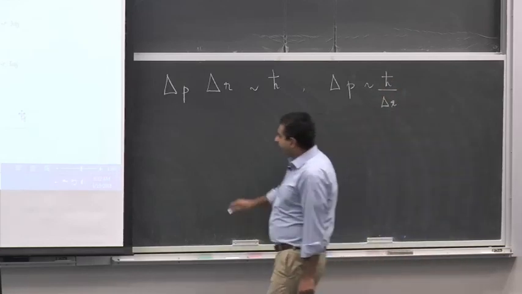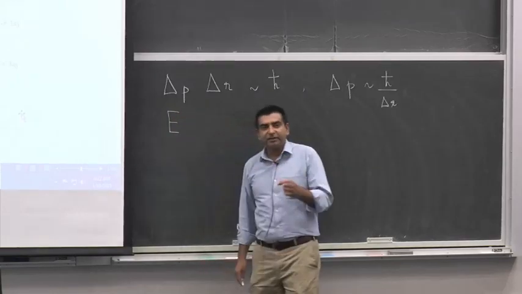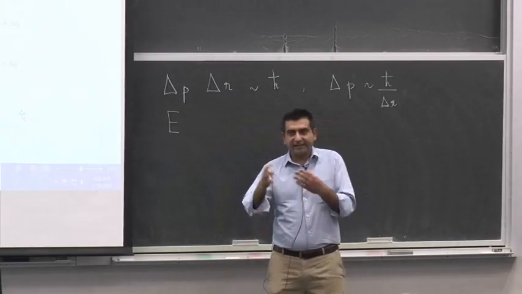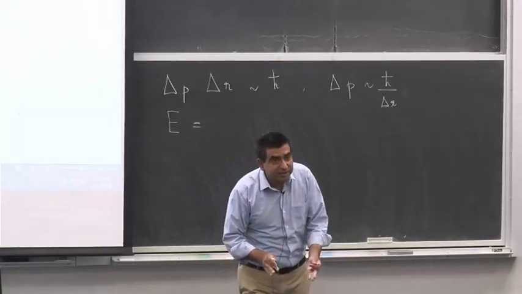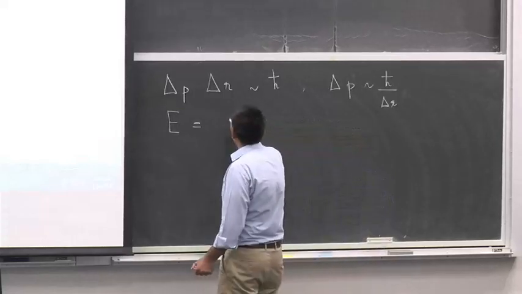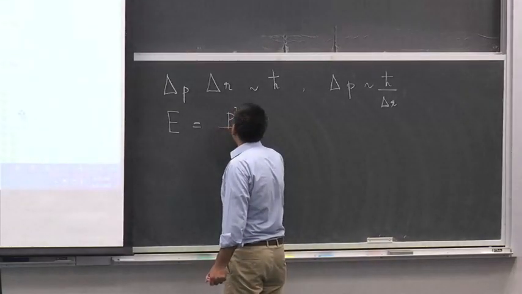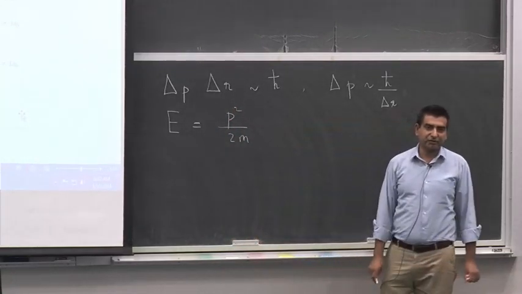Now what about the energy of an electron? The energy of an electron inside an atom is roughly given by the sum of its kinetic energy and its potential energy. So the kinetic energy is P square over 2m. That's the kinetic energy of an electron.